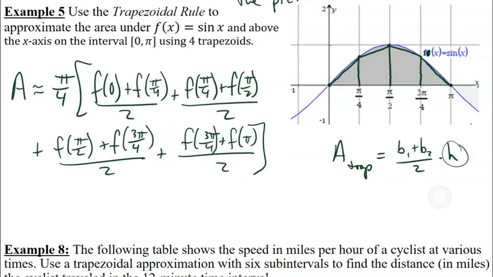Now, that would be writing with the function notation. That is not necessary. I just did that so we knew where everything came from when we look back at our notes.